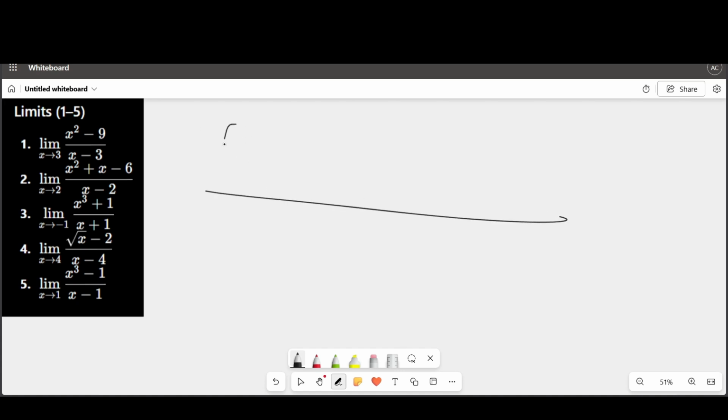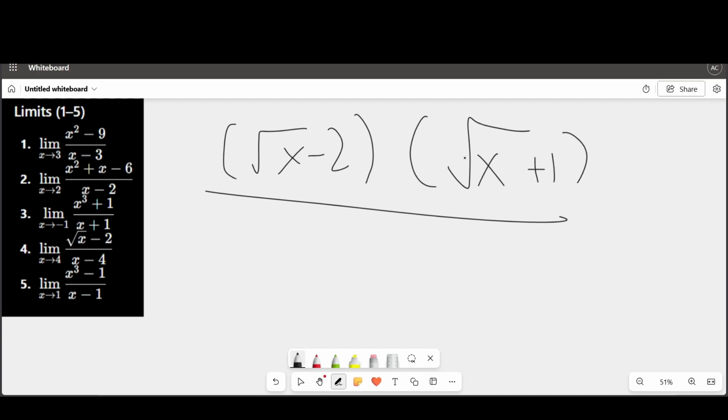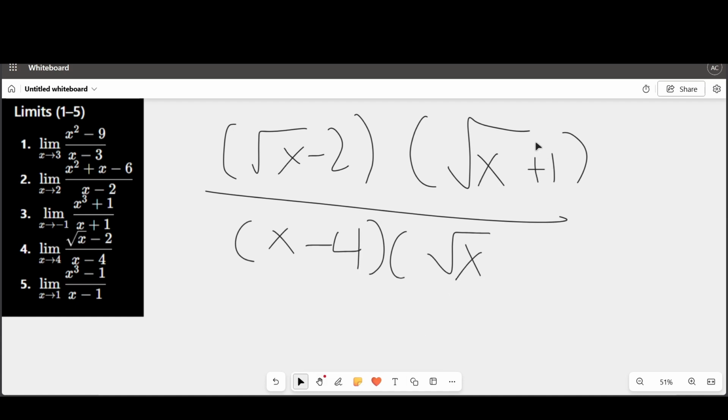So we have x minus 2 times square root of x minus 2 times square root of x plus 1, and then we have x minus 4 times square root of x plus, oh, why did I write 1?